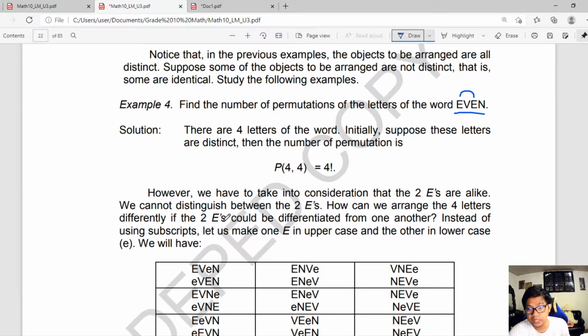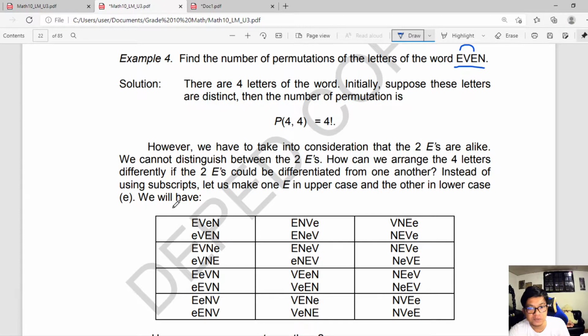However, we have to take into consideration that the 2 E's are alike. So, the dalawang E are pareho. We cannot distinguish between the 2 E's. How can we arrange the 4 letters differently if the 2 E's could be differentiated from one another? Instead of using subscripts, let us make one E in uppercase and the other E in lowercase.